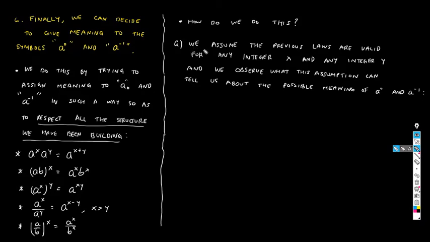We assume that the previous laws are valid for any integer x and any integer y. I'm going to assume that all of these laws are valid for any integer, whether it's positive, negative, or 0.